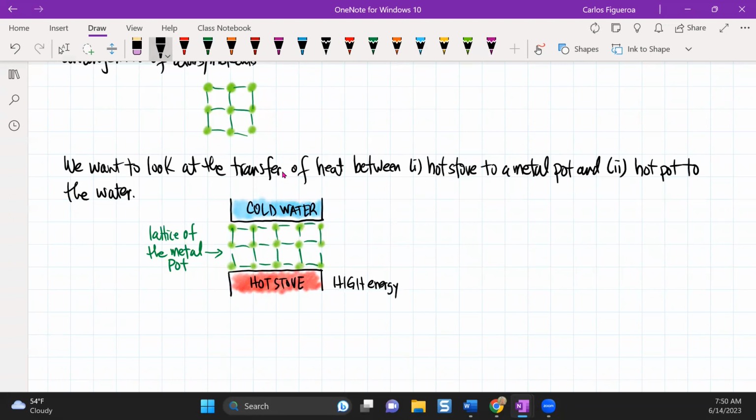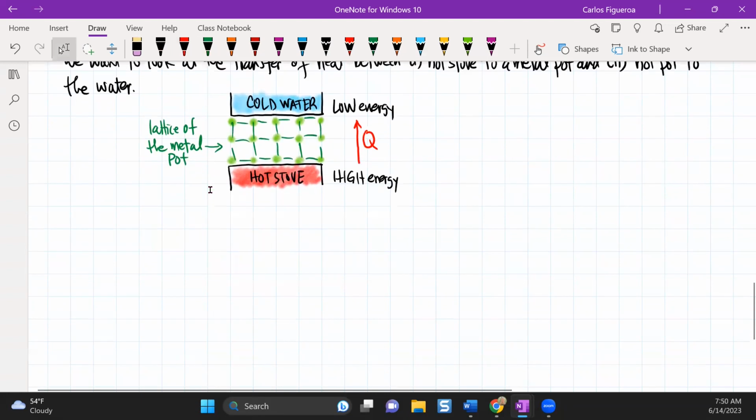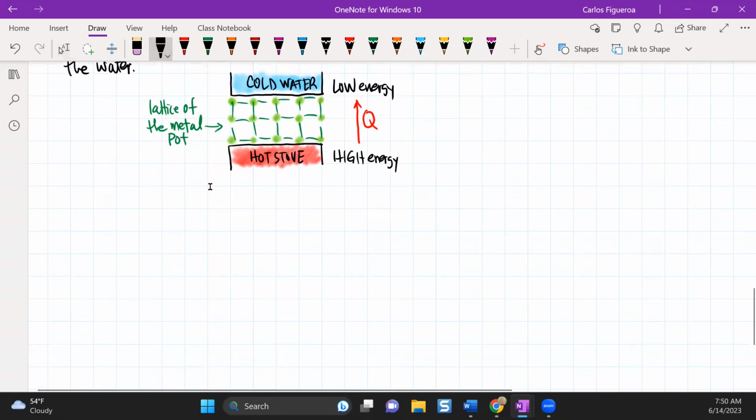The pot and the cold water are at low energy. So what I'm going to see is a transfer of energy from high to low energy. There's a transfer of heat from high to low energy. So let's break this down. By the way, what I'm going to explain here is called conduction, which is a process of transferring heat.